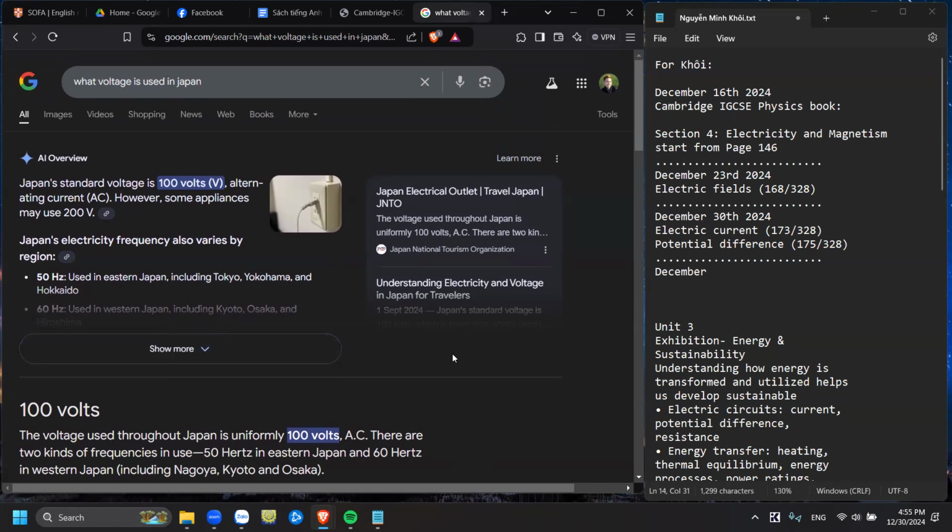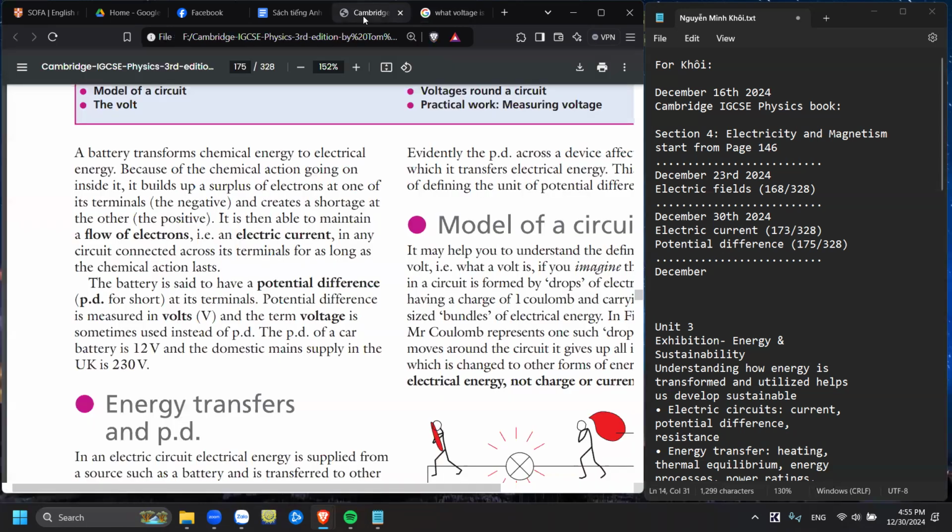Most things imported from Japan have to be rewired back to 220. Otherwise, if you plug it in, the device will explode or heat up and be destroyed. You have to rewire it. Otherwise, it's dangerous.